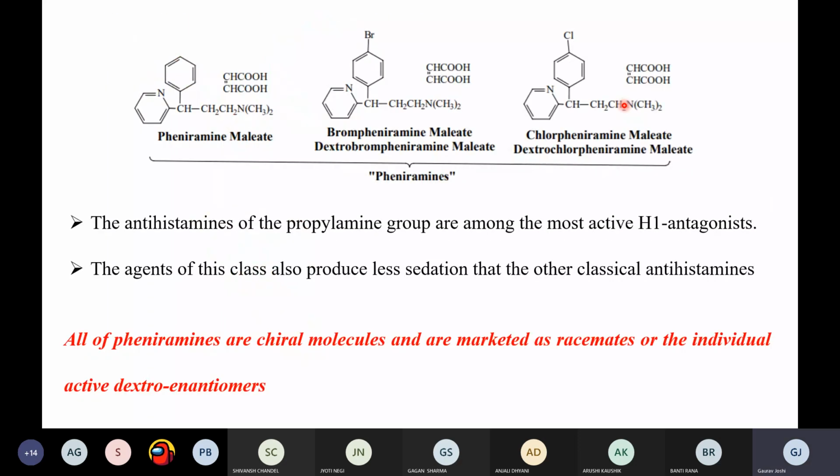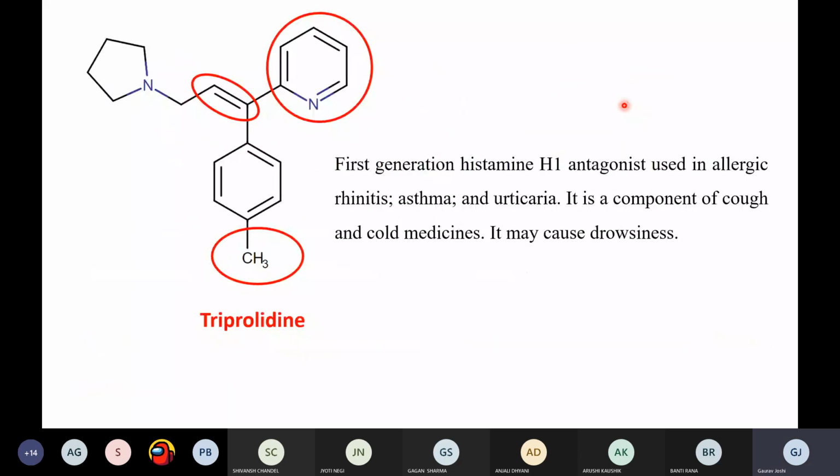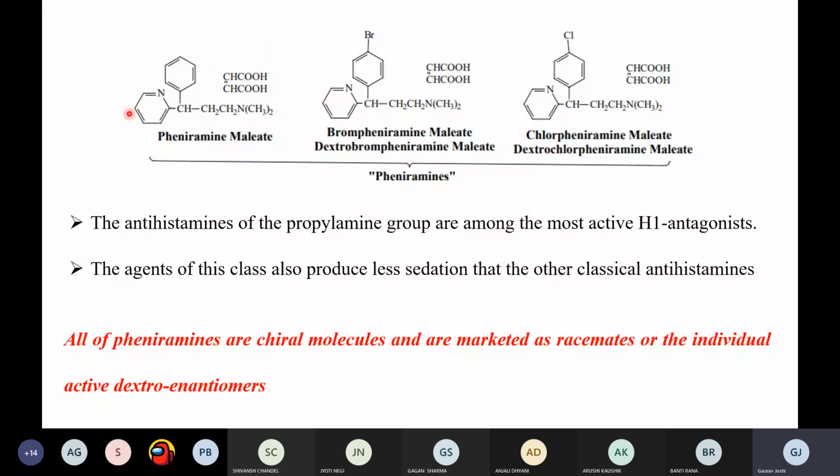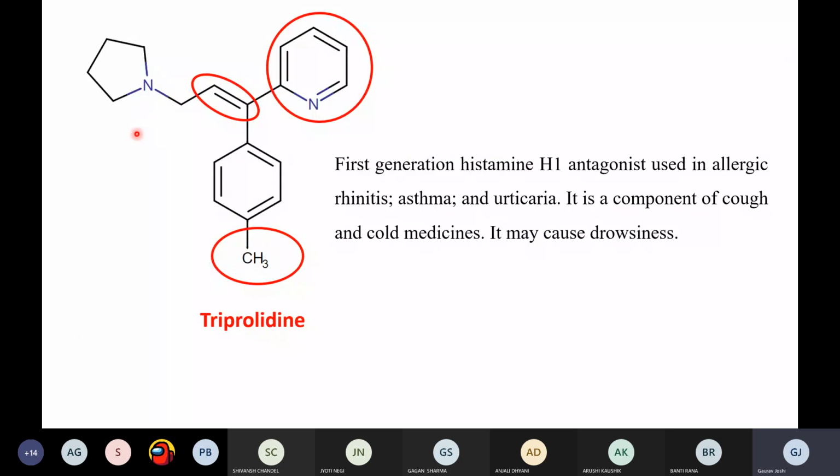Right. Now we'll be moving to the second category of these drugs. Here they have tried to improve these drugs further in the same category by making the molecule more rigid. How have they tried to make the molecule more rigid? Firstly, they are putting in a double bond, so there will be restricted rotation.